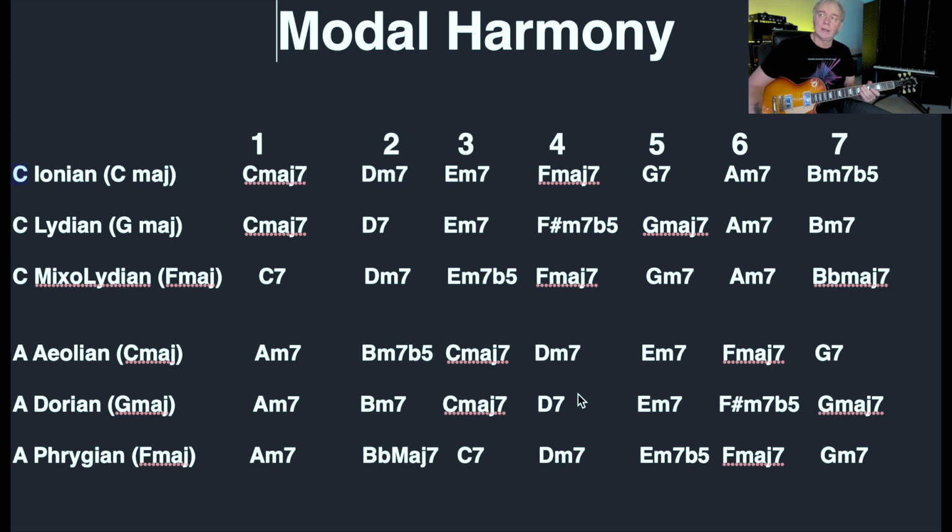Carlos Santana did it, Pink Floyd, they're all over the place, especially in classic rock. Maybe you go from A minor to D7 or D9. So in that case, I definitely know that I need to play Dorian in that situation.